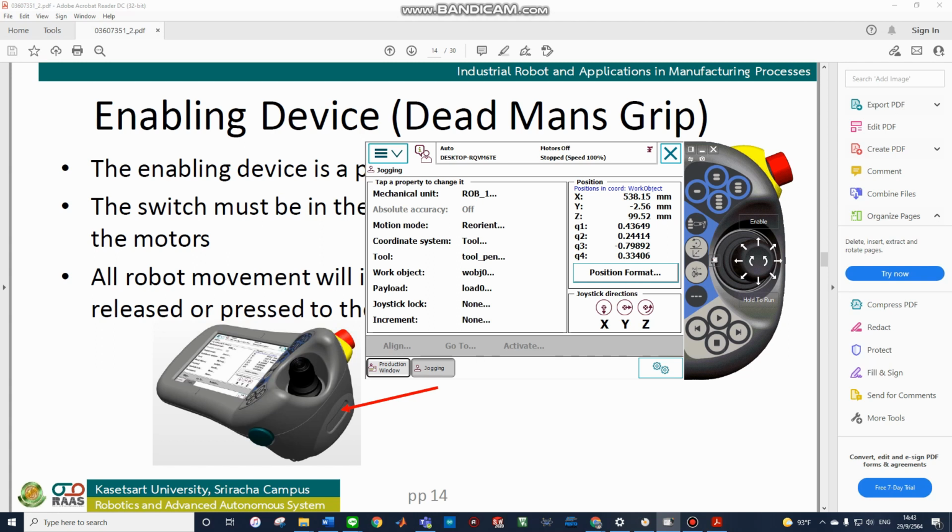This is the program execution key. This is the quick set menu, and this is the window bottom.